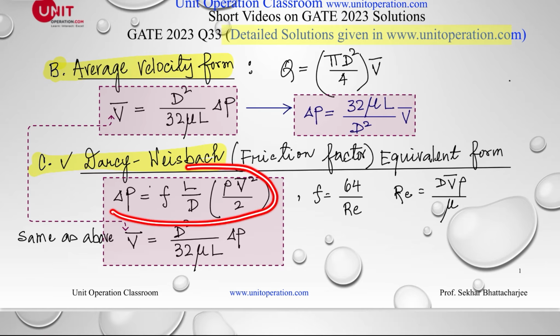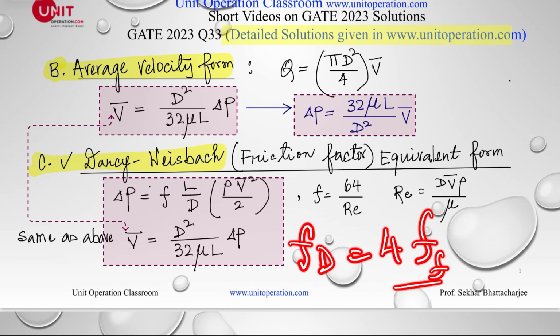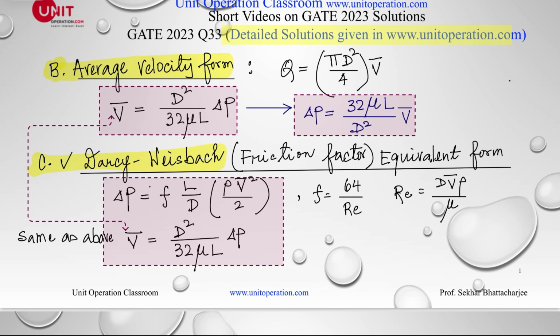This comes from the very standard definition in terms of the friction factor, and we know the Darcy friction factor is 4 times the Fanning friction factor. We all know that. So if we substitute this here, we basically get the same equation. It's just a different language we are using.